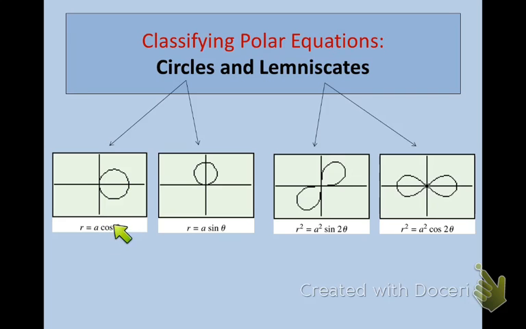Because cosine of 0 is going to be 1, but you're going to have that a multiplied in front. So you know that a circle is always going to go from 0 to its a value, and that r value is your maximum r value. Since it's a circle, it's split evenly this way, so your range would be half of a to half of a on this one.